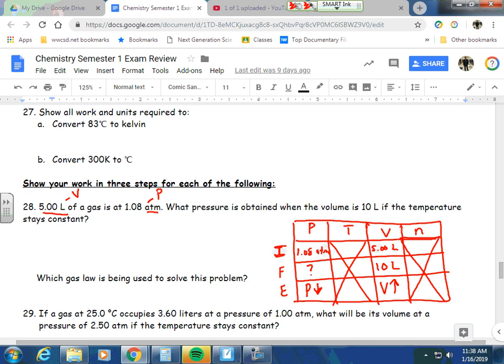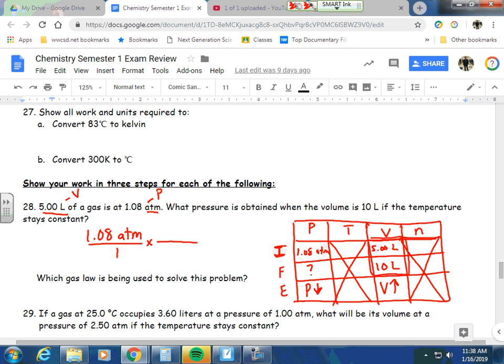When I set up the equation, always start with the one that has a question mark under it. That's going to be your start, similar to what we did up there converting between different units for pressure. So I'm going to take that start and put it over 1. I'm going to write times, and here I'm going to use my conversion factor. The conversion factor is going to be the variable that I have both numbers for, which is volume.